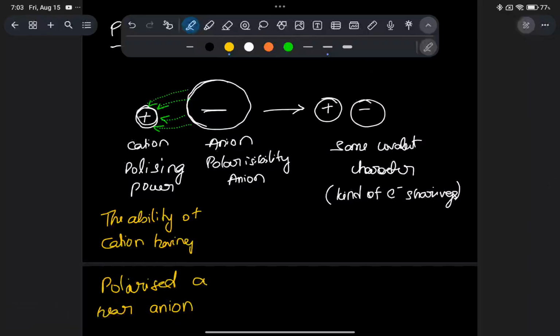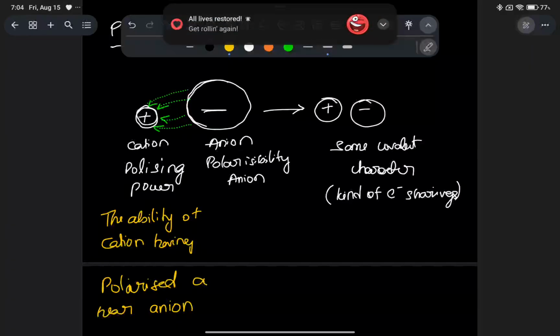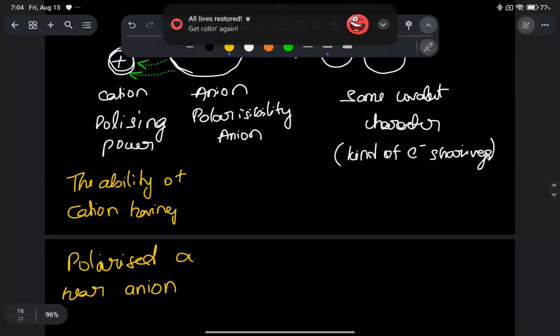It is not called attraction, it is called polarizing. This is the polarizing power of a cation.